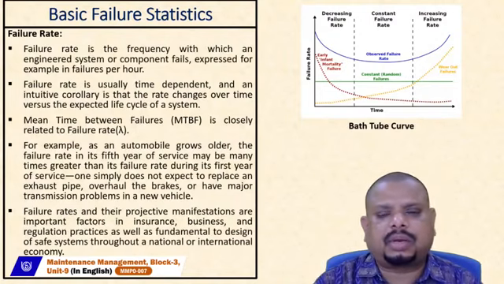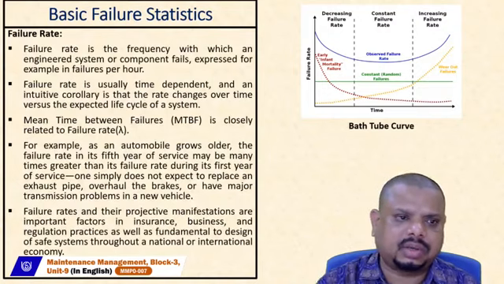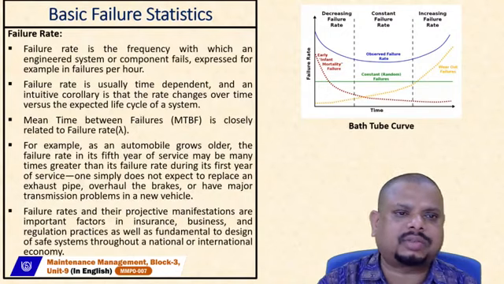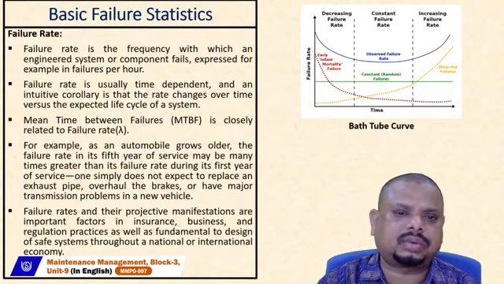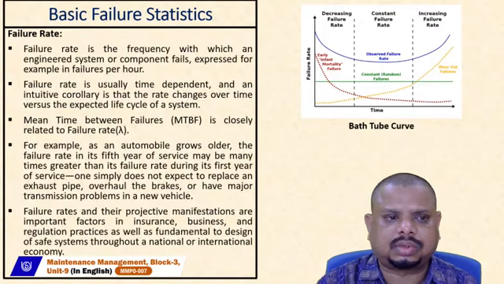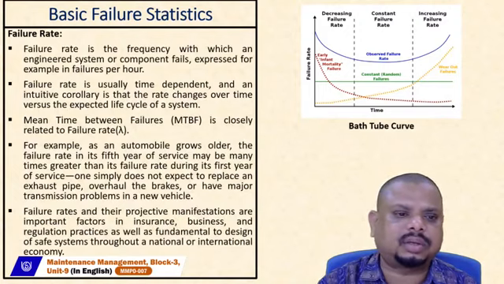The next important part we'll discuss is basic failure statistics. Before elaborating on this session, we have to understand what failure rate is. Failure rate is the frequency with which an engineering system or component fails, expressed for example in failures per hour. So the fundamental definition of failure rate is the frequency with which the engineering system or a component fails.